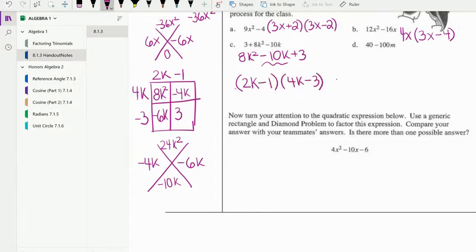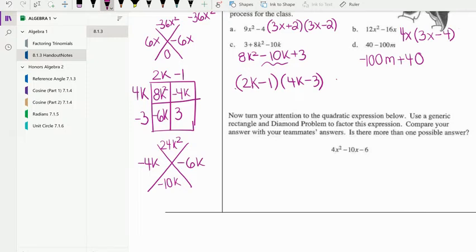All right, our last one kind of looks like B, where it is not in order and there's only two terms. So we have negative 100m plus 40. Since it's only two terms and we can actually take out a GCF, unlike A, which was two terms but there wasn't a GCF that we could factor out.